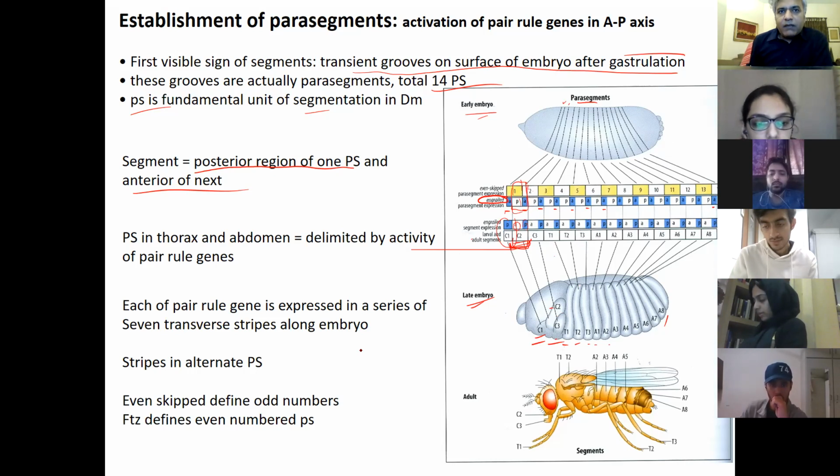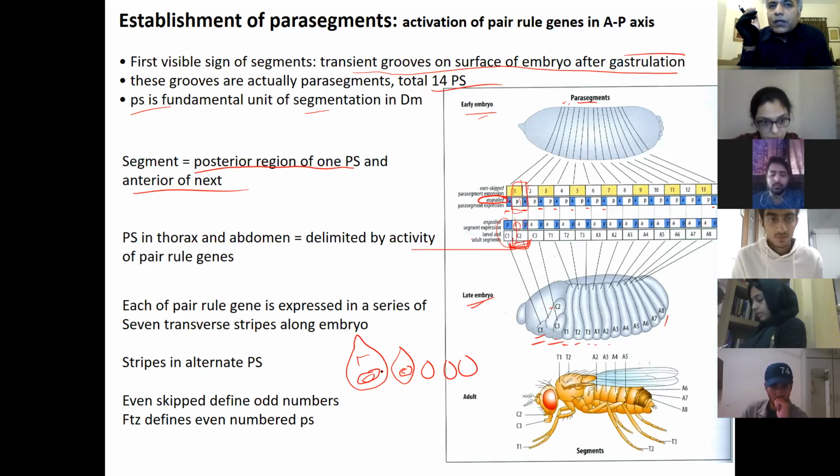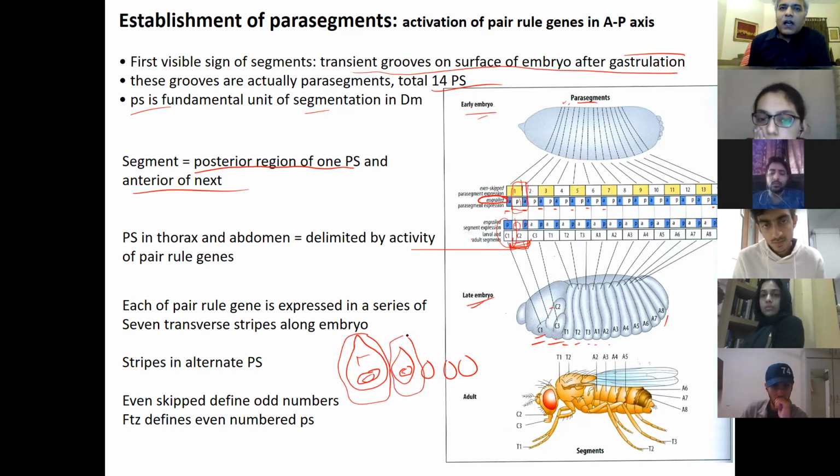Let's say I give you a wing imaginal disc, I give you a halter disc, I give you a leg disc, and I ask you, use whatever tools and show me under the microscope, because this imaginal disc looks the same, which region is posterior and which region is anterior? What will you do?